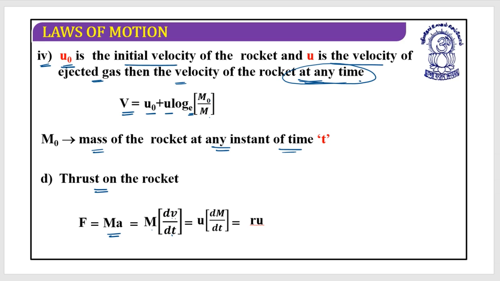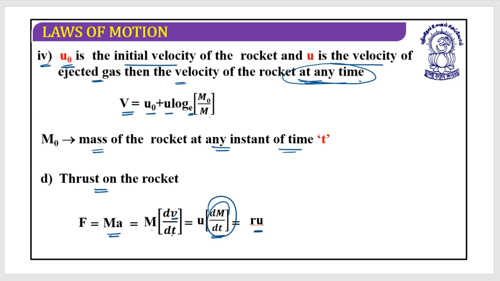a could be written as dv by dt, but here things are different. How are they different? My velocity is constant and the mass changes. It is the mass which is variable. That's why it is called a variable mass system.